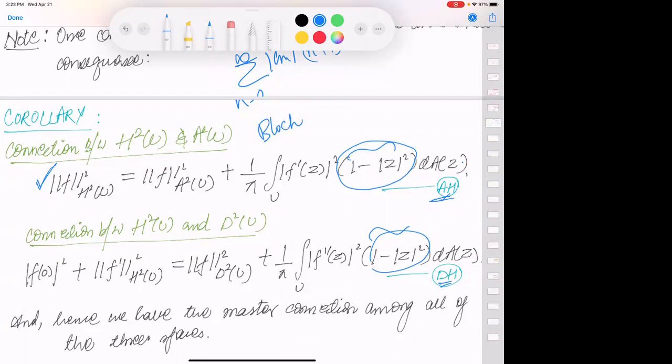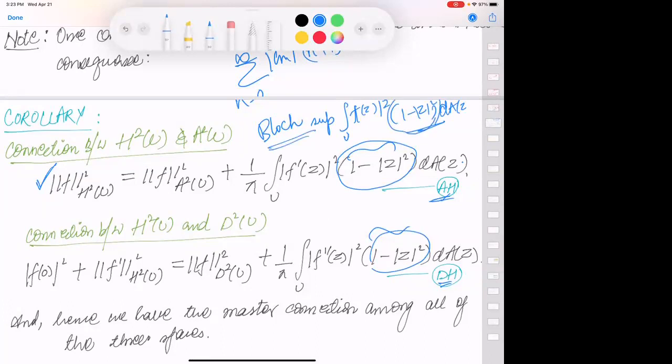When I was studying about this Bloch space, probably on Wikipedia, I noticed that the norm of the Bloch space is defined with respect to the supremum of, I think, some integral of the function multiplied by 1 minus |z| squared, right? If I'm not wrong, this thing is present in the Bloch space.